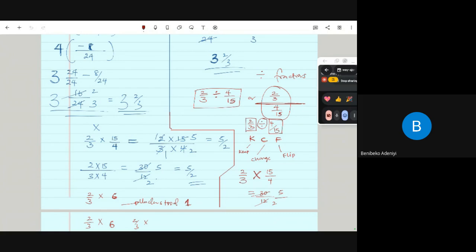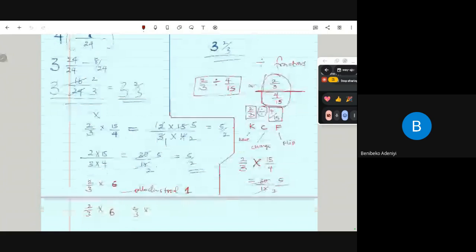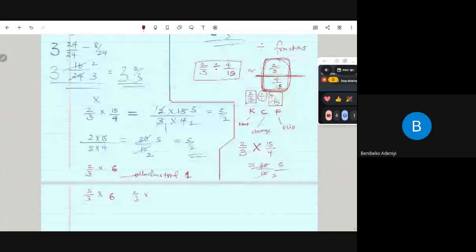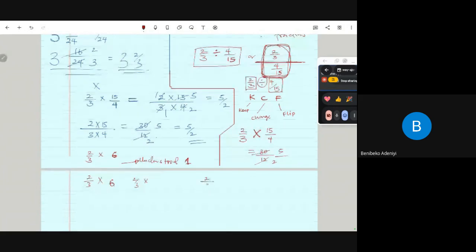In fact, even if you know your way around mathematics, you can manipulate this compound fraction without doing these things. You understand? So let me show you that, because you asked 2/3 divided by 4/15. This compound fraction now, the way we do it is, it's going to become something like this.